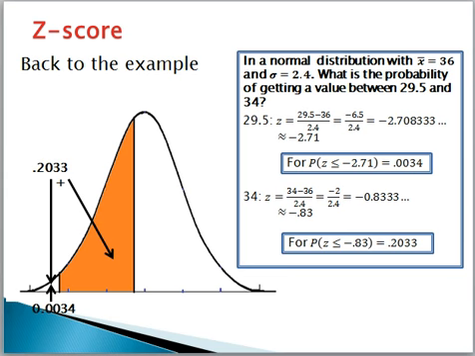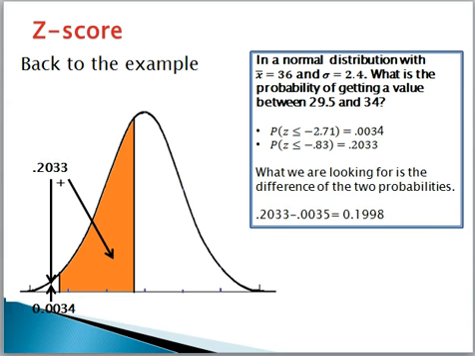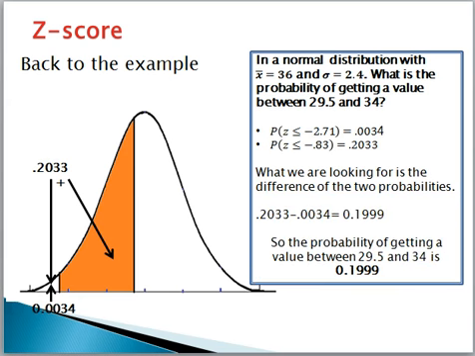If you look at that, it actually makes it kind of easy. We're looking at the difference of the two probabilities. The probability of having anything lower than 34 is 0.2033, and the probability of having something smaller than 29.5 is 0.0034. We want it in between, so we look at the difference. So we get a value of 0.1999.